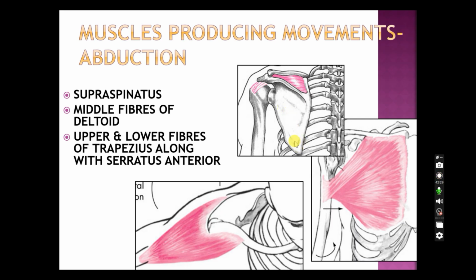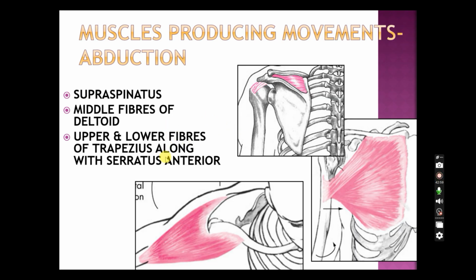The inferior angle of the scapula rotates laterally this way so that the glenoid cavity becomes directed exactly upward. This is going laterally and this goes medially so that the glenoid cavity is directed upward. Clear?